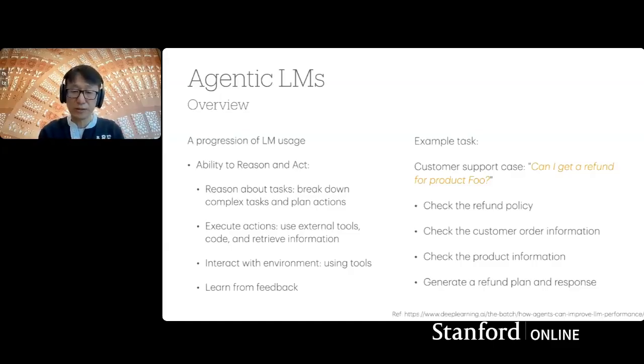The same goes for the product, so that it can collect more information and finally draw a conclusion based on the policy, the product information, and the customer order information. Then it sends a request to the follow-up system as an API call, as well as prepares, say, a response draft, which is then handled by a final approver.